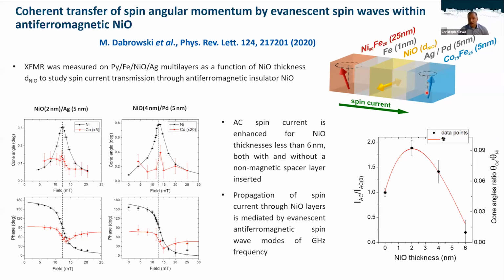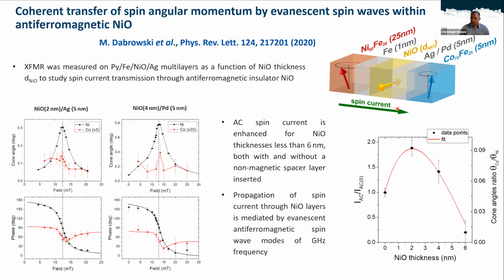That's a good question, and that's still something that we are looking into. There are different theories what could cause that. Naturally, I would have expected that if we put an antiferromagnetic insulator in between as a spacer layer, we would get a lower transmission of spin current.